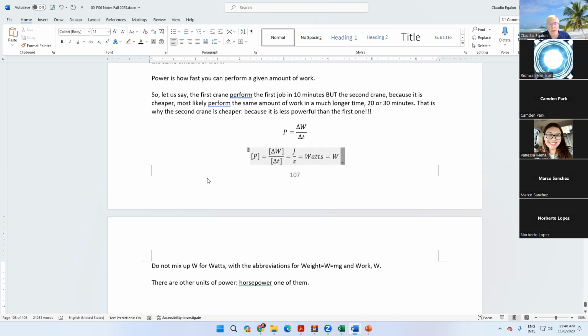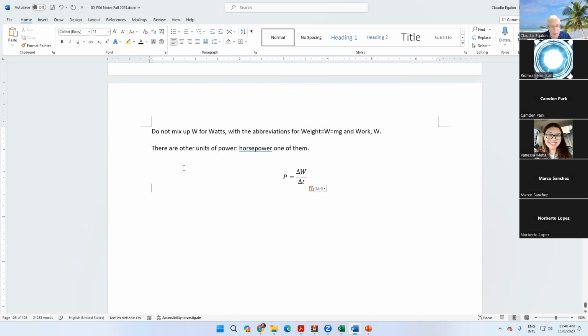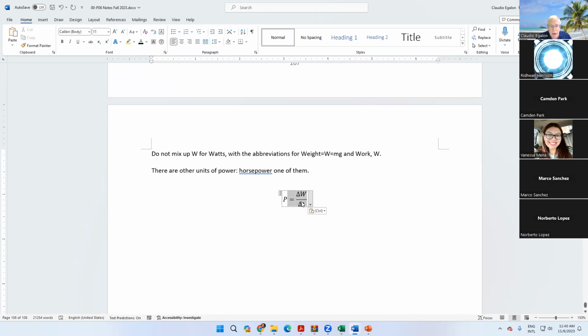Okay. There is another interesting equation here that we can derive for the power. Don't forget, amount of work is what? Is force times delta r.